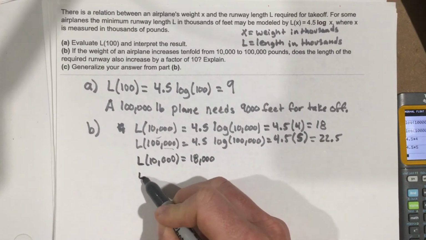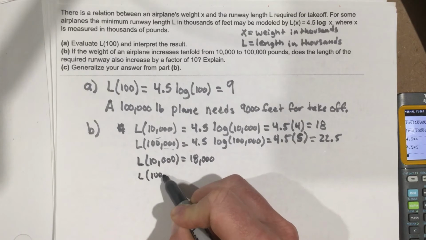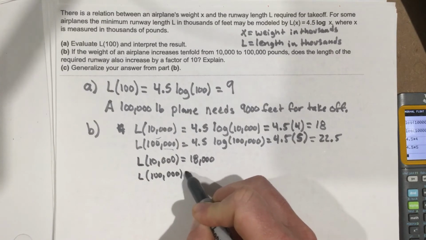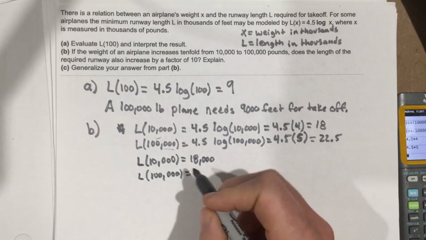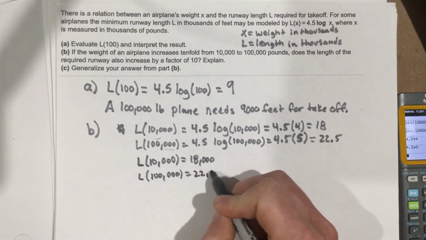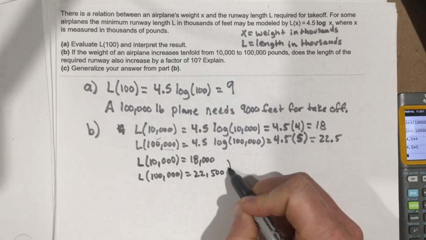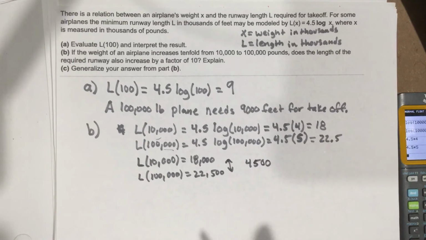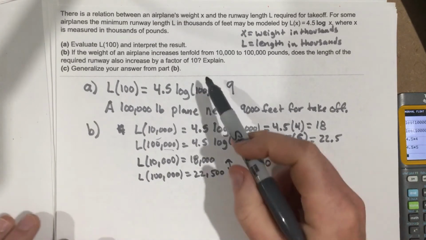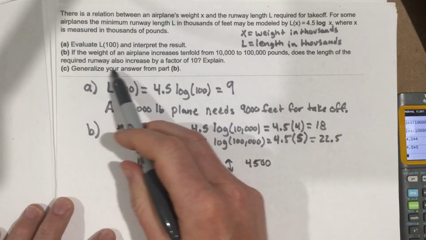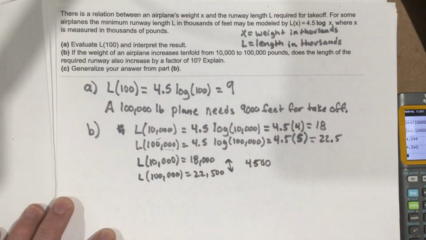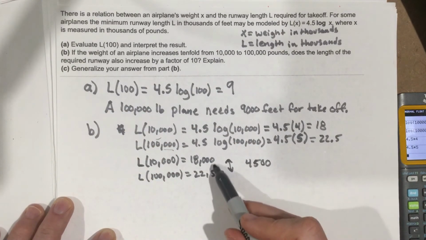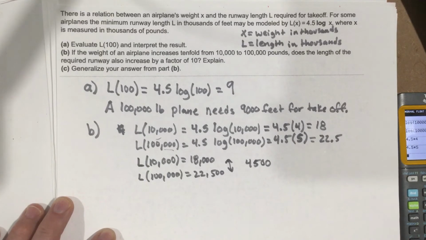And then L of 100,000 is 22,500. So the difference between them is 4,500. Does the length of the required runway also increase by a factor of 10? The answer to that is absolutely not. It only increases by 4,500 feet.